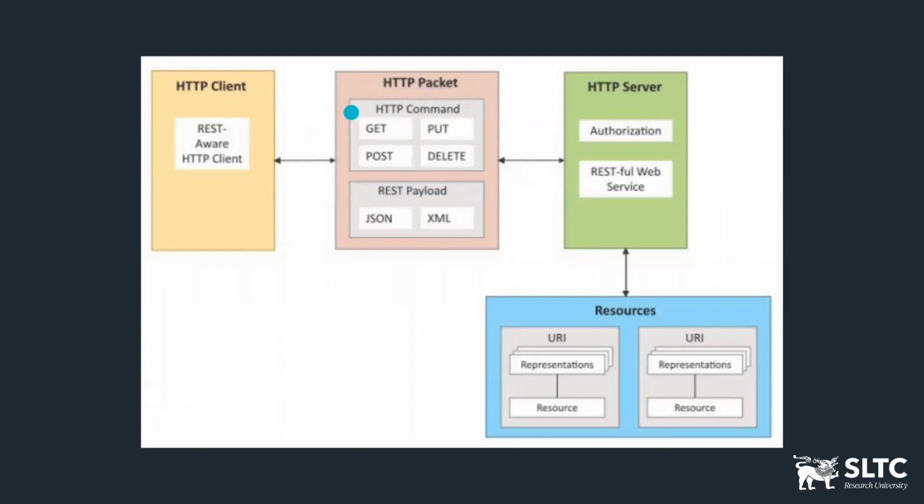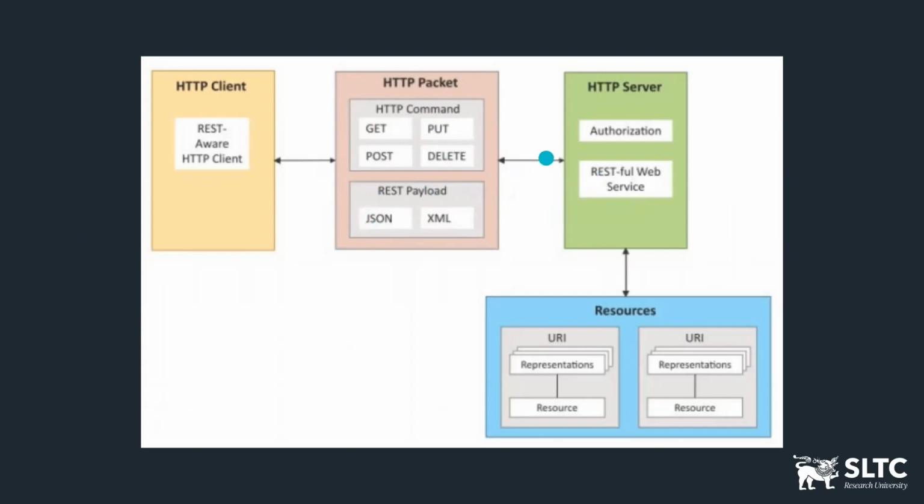We talked about the get, put, post, delete functions, right? In the last class we learned about this. So they can give this command, and then in the rest of the request, they can mention the data that they require in JSON or XML formats, right?